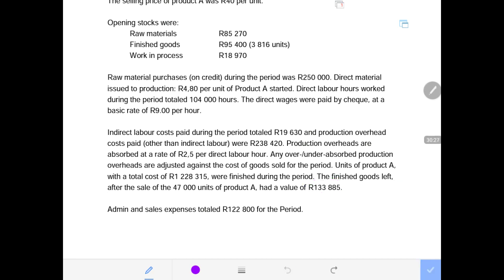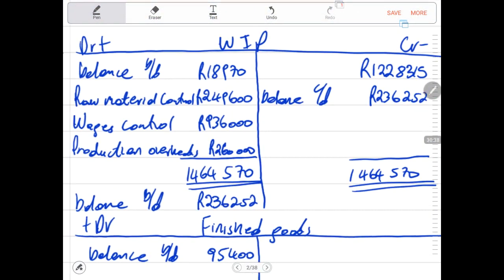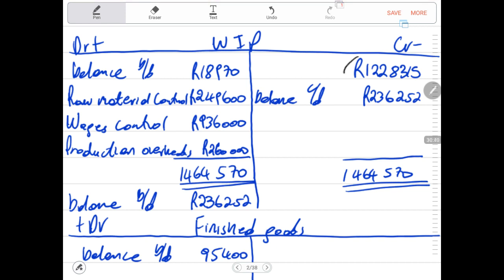Take note of the difference from the previous one. In the previous one, we were given the goods that were finished. Remember, once again, something that we have not recorded. Thank you for that. The goods that were completed that are worth 1,228,815 are finished. So they're supposed to go to the finished goods account.